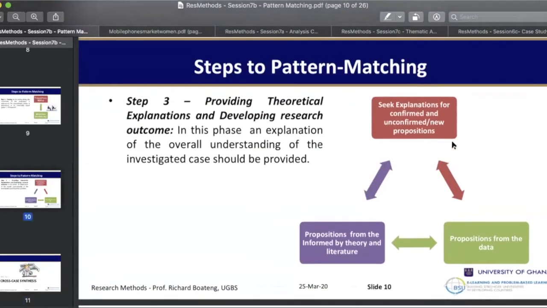So let me then show you examples from the literature that we have here. Okay, so we'll take this one first, the one on the Ghanaian paper. We mentioned earlier that you are going to identify patterns. But in identifying the patterns, you are going to use the theory that has guided you.